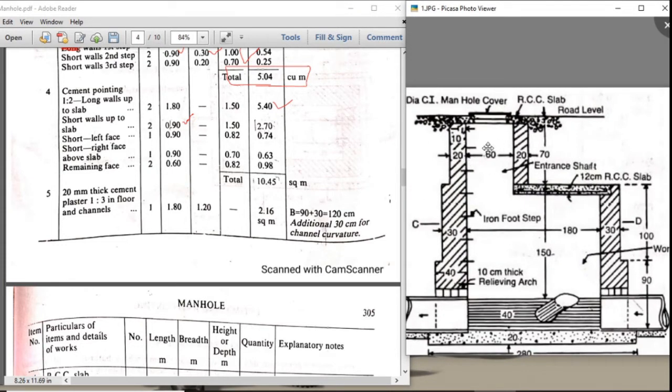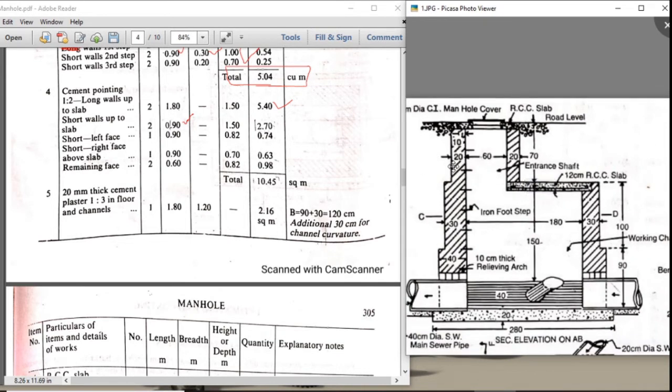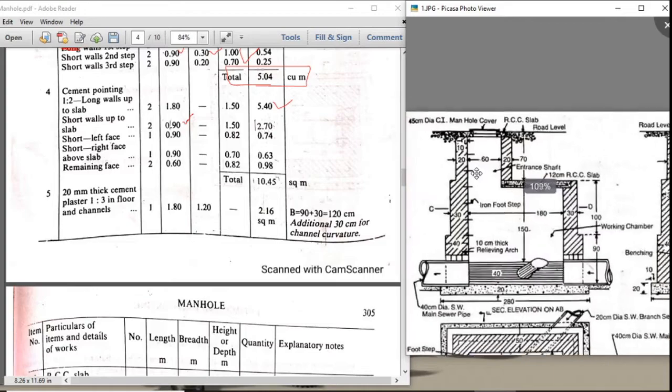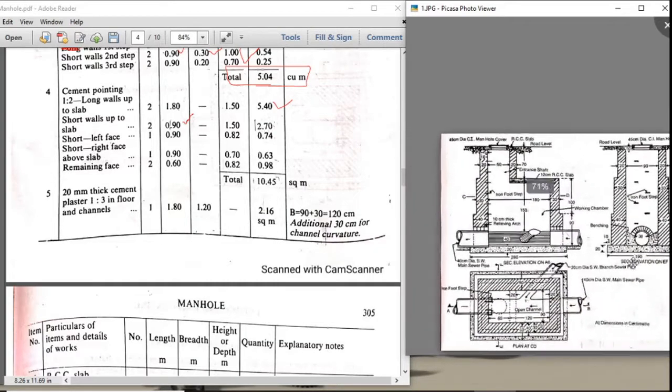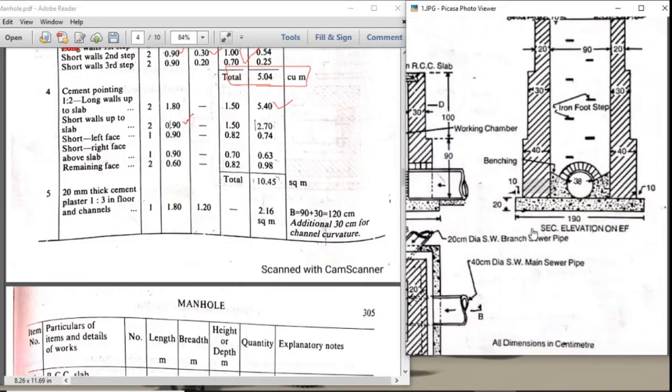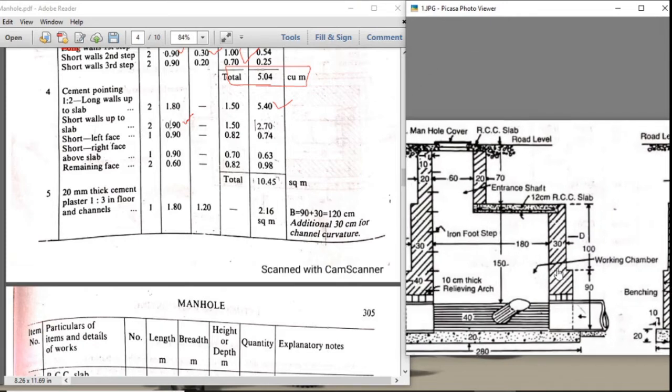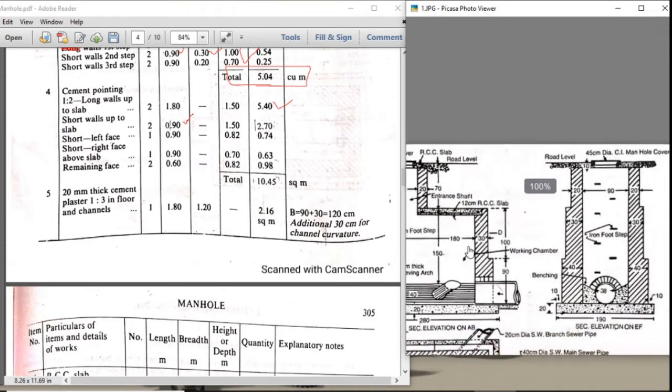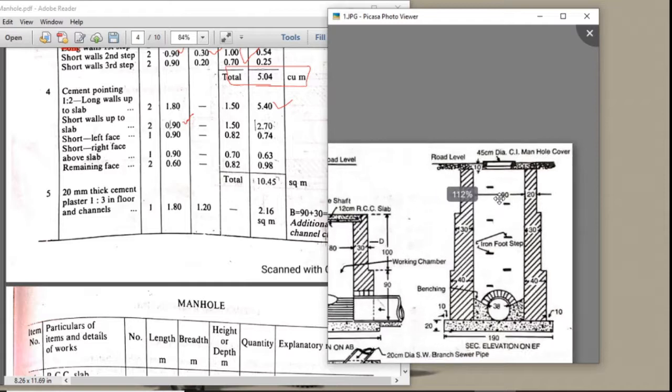Okay, short wall left face, so it is 1. How much is the length? 0.90. How? So here you take, so this is the 0.90.